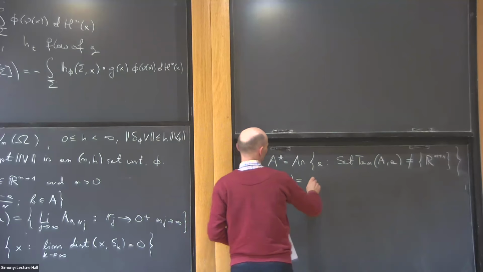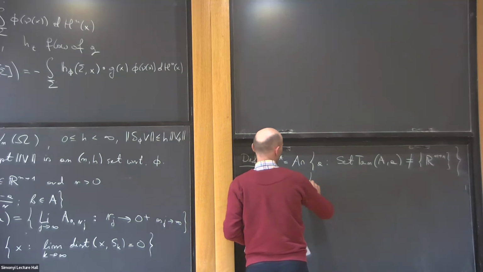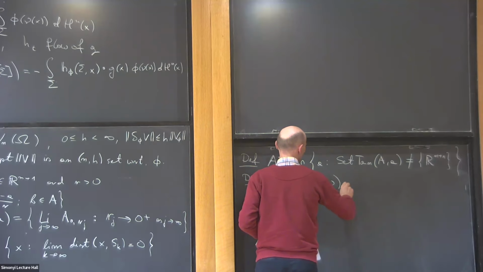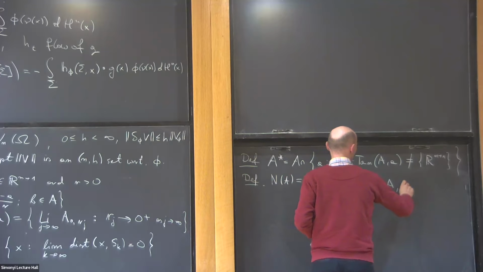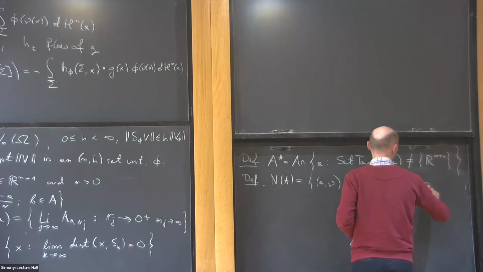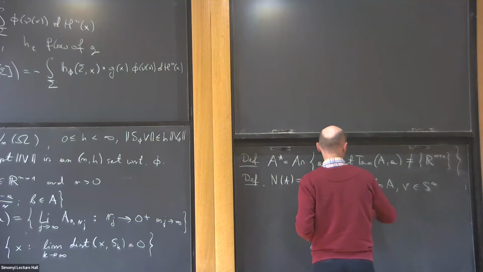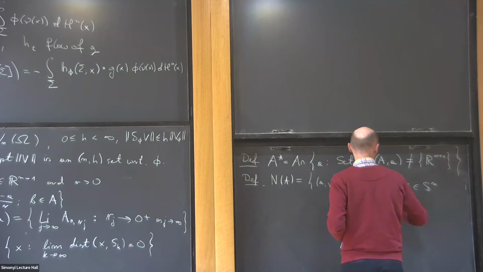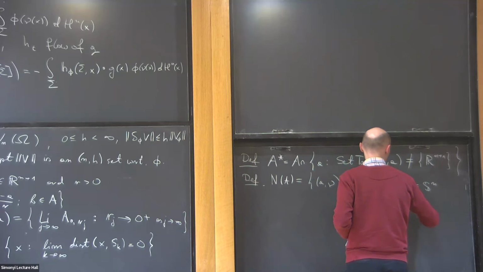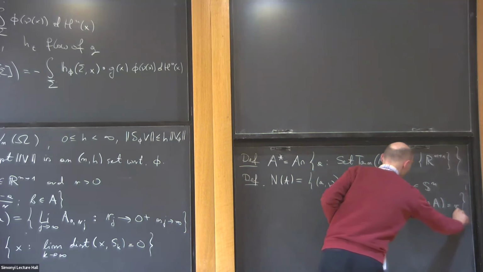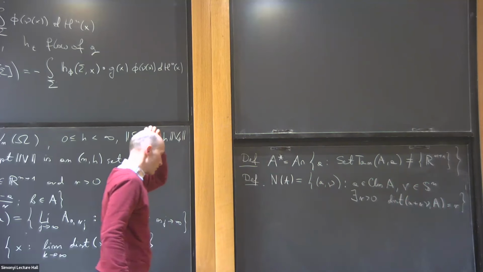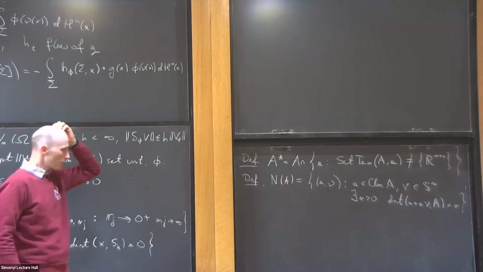N of A is the normal bundle. So it consists of a in the closure of A, nu in the sphere, such that there exists a positive R. So we define the normal bundle, sometimes called a proximal normal bundle.